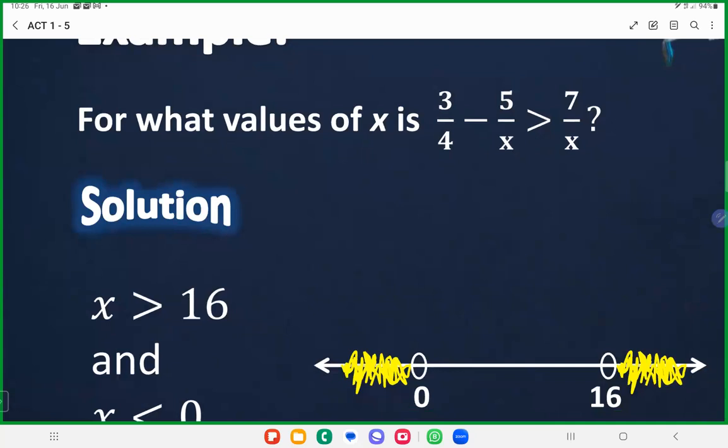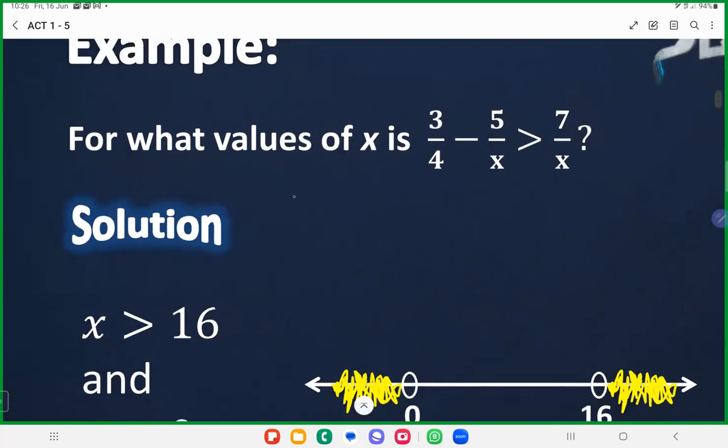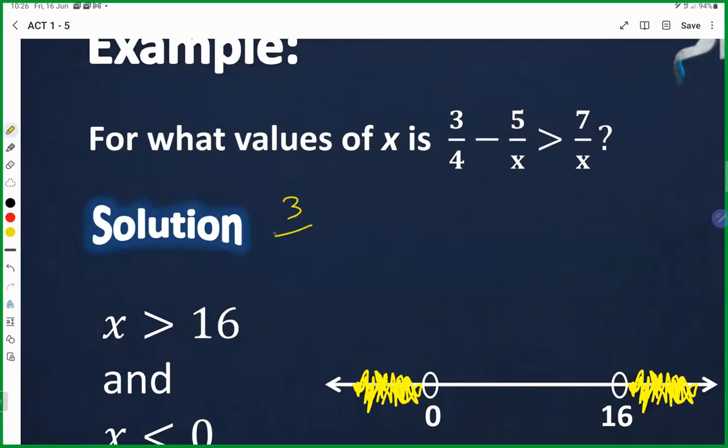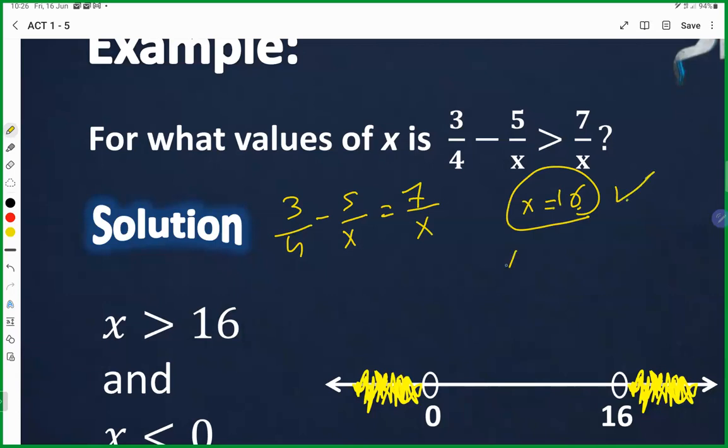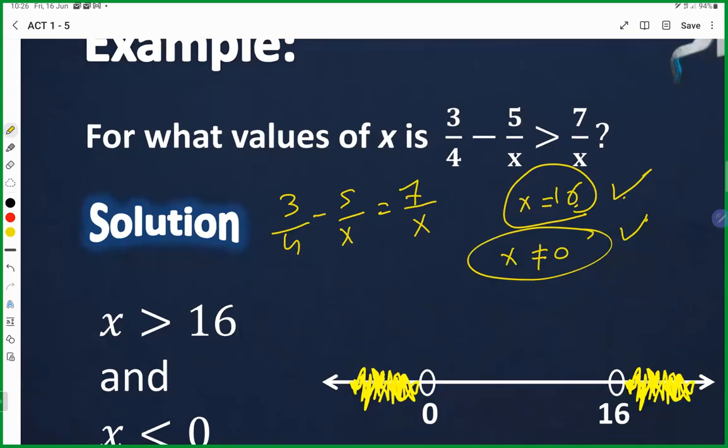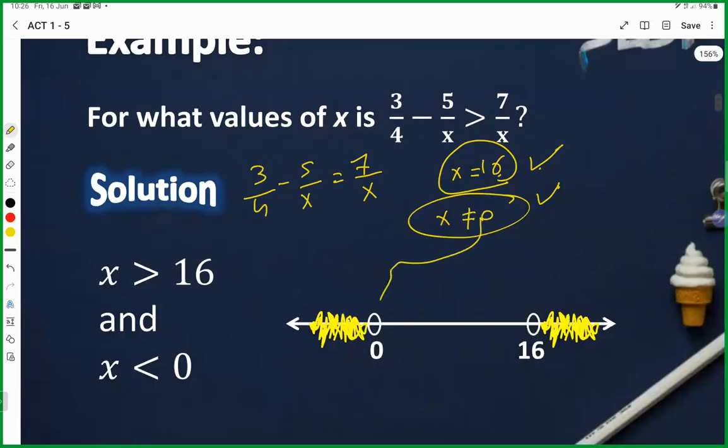First of all, I need to solve it as a normal equation, which means 3 over 4 minus 5 over x equals 7 over x. Solve it: x is equal to 16 is the first thing. The second thing that I know, x should not equal 0. So this is the second value. So I have two critical values, x equals 0 and x equals 16. Fine. After that, they are both a hole. Why? It's not shaded.